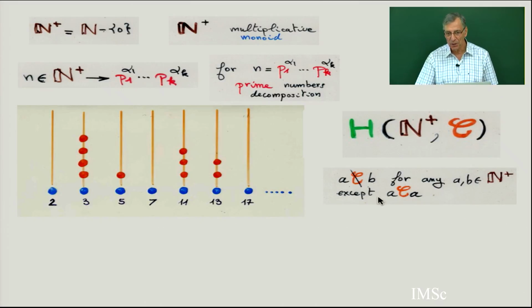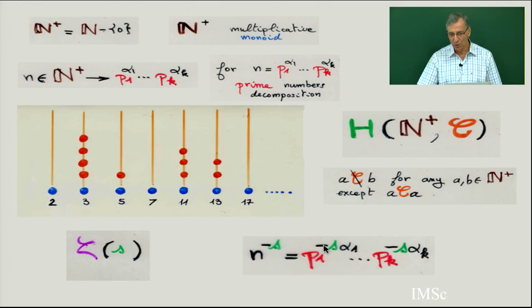There is no relation at all except that A is in relation with A, which means that all the variables commute. You are in the free abelian monoid. Here's a heap, you see, with the blue ball and the red ball. So in fact, it's indexed by the prime numbers. And of course, any number is factorized as a product of prime numbers.